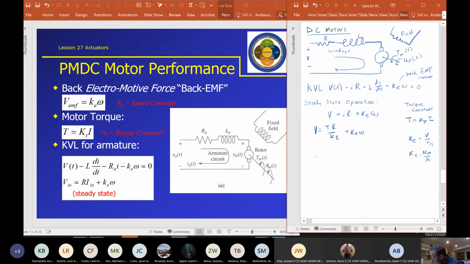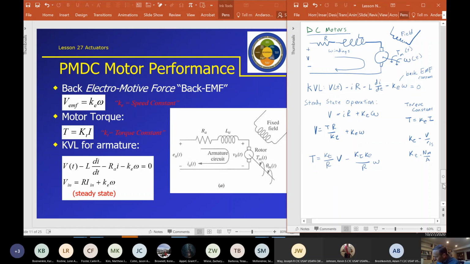And I'm going to rearrange this to get torque equals K sub T over R times V minus KT KE over R times omega. And the reason I put it in that form is this is the equation of a line. And now we can plot this, and we're going to do that.